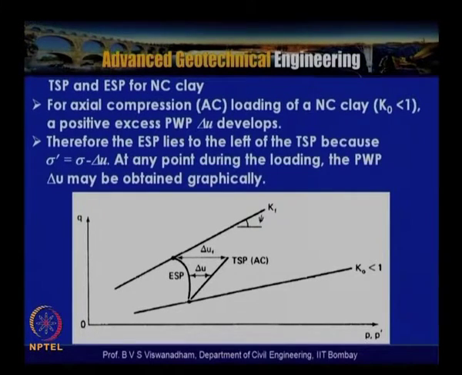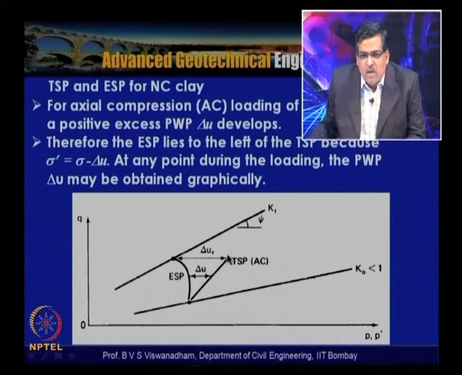Therefore the effective stress path lies to the left of the total stress path, because sigma dash is equal to sigma minus delta u, where delta u is the excess pore water pressure developed. At any point during loading, the pore water pressure delta u may be obtained graphically. This is the total stress path we have drawn, but when we draw the effective stress path by considering delta uf at failure, we can see that the stress path traverses to the left, as shown here.